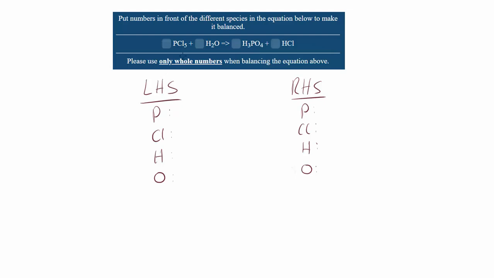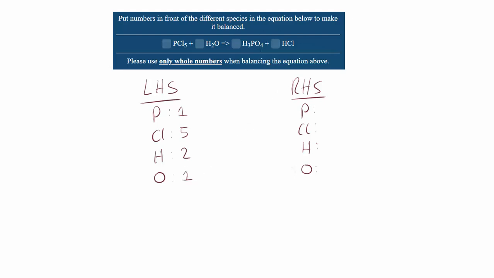So phosphorus only occurs in this species, the phosphorus pentachloride. So this is going to be 1, right? Cl, that occurs 5 times. Hydrogen, that occurs twice. Oxygen, that occurs 1 time.